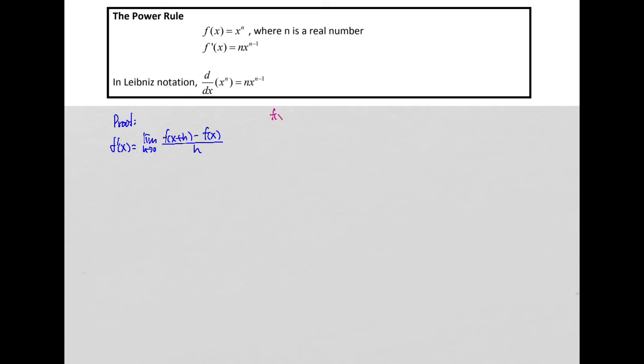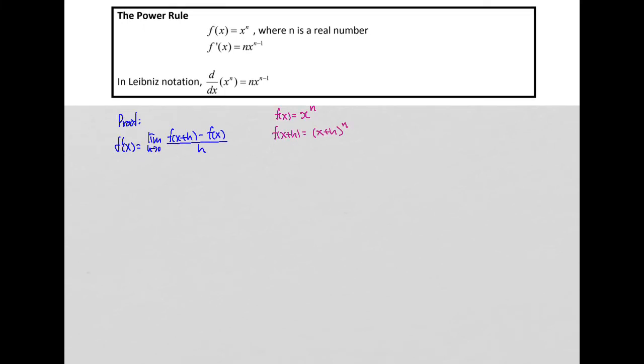We know f(x) = xⁿ. So f(x + h) will be (x + h)ⁿ. Now let's substitute into the first principle. Limit as h approaches 0 of ((x + h)ⁿ − xⁿ)/h.